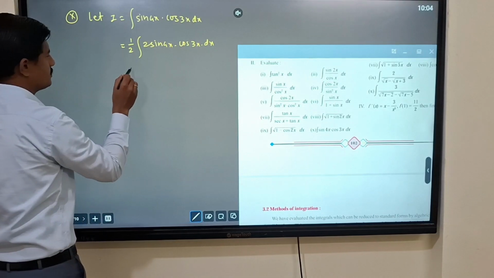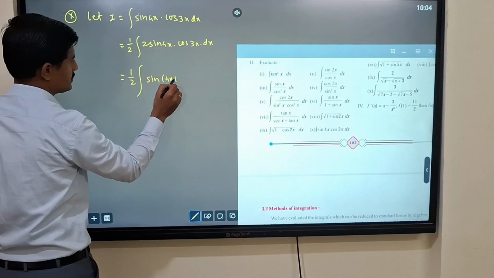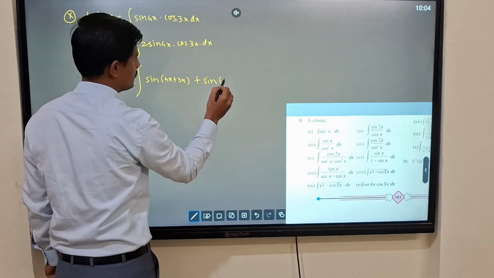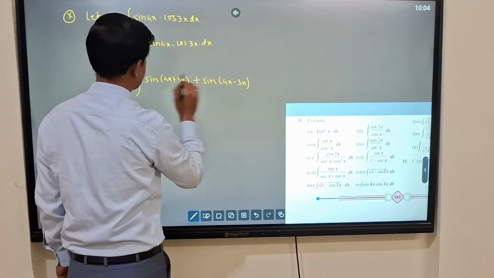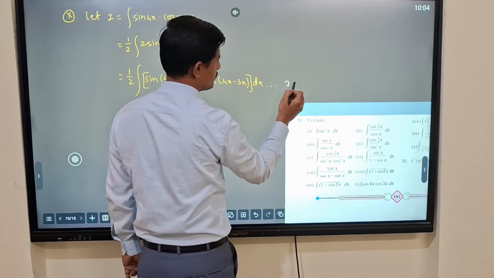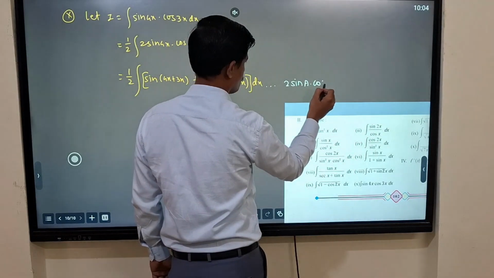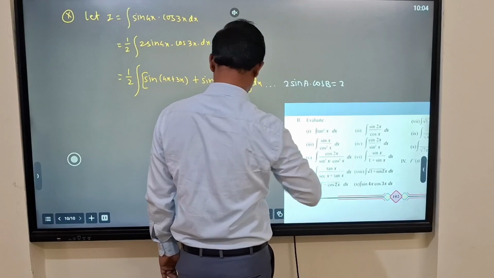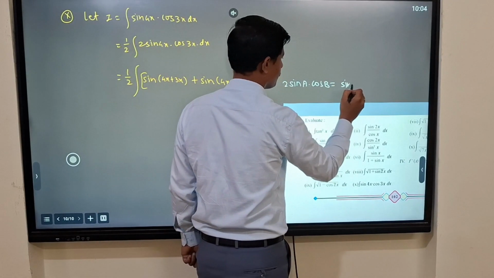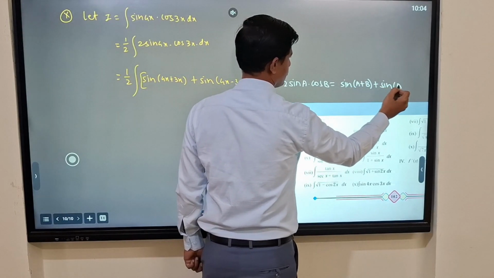The formula for 2 sine a cos b is sine (4x plus 3x) plus sine (4x minus 3x) dx. Which formula did we use here? 2 sine a cos b is simply sine (a plus b) plus sine (a minus b). This is the formula.